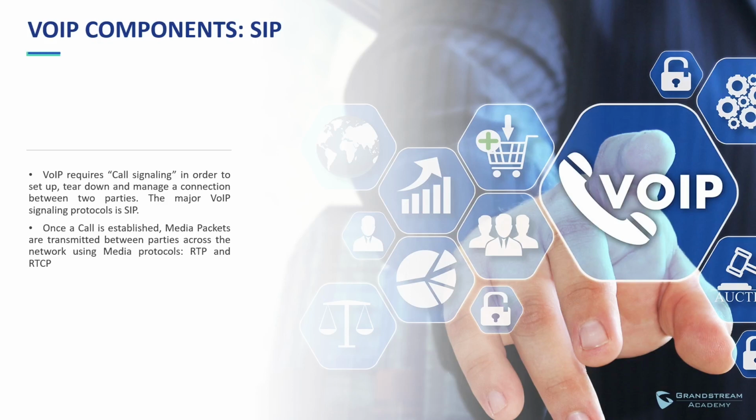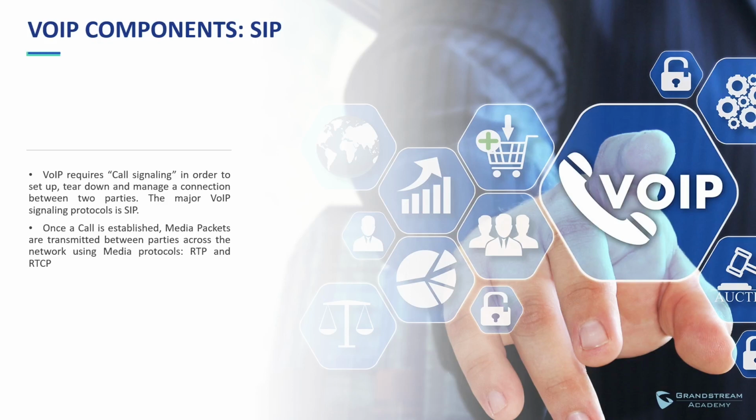Once a call is established, media packets are transmitted between parties across the network using media protocols like RTP and RTCP. Real-time transport protocol, which carries the actual media streams, whether voice, video, or both, while SIP establishes connections across the network.